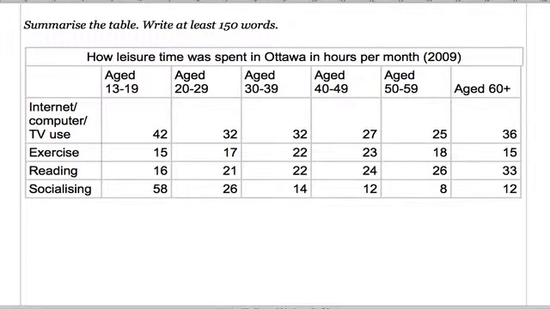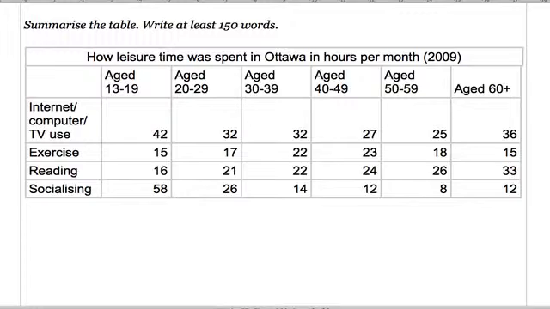As you know, the first step when engaging your Academic Task 1 is to understand the question. So here on the screen we see a table and we are instructed to summarize the table, write at least 150 words.